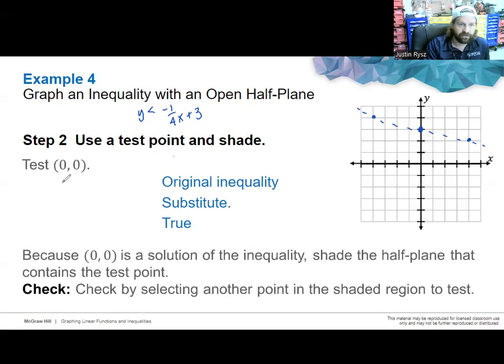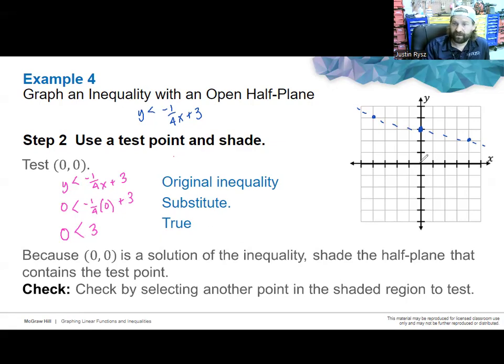So we're going to take this original inequality, y is less than negative 1/4 x plus 3. We're going to plug in 0 for y, and 0 for x, and see whether this statement is true or not. So we get 0 is less than, what's negative 1/4 of 0 plus 3? Well, that'd be 3.